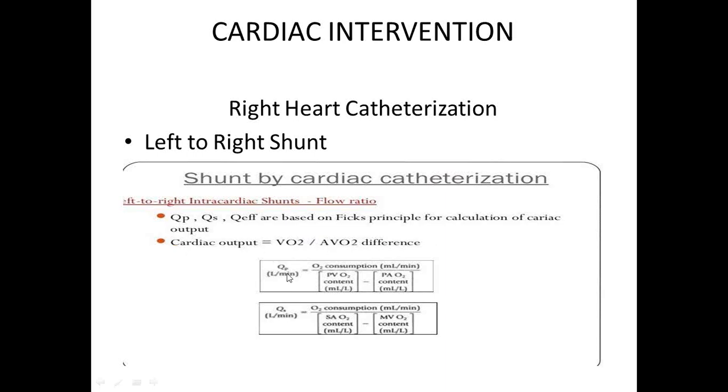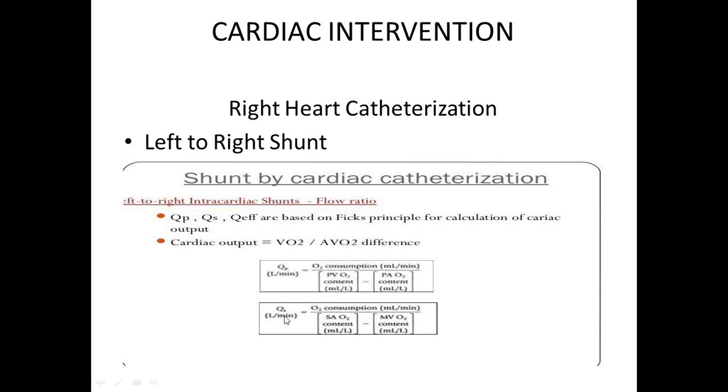And for your pulmonary blood flow, or output through the pulmonary circuit, it is equal to the oxygen consumption, which is in mLs per minute, over your pulmonary venous oxygen content minus your pulmonary artery oxygen content. So this is the formula for your pulmonary blood flow.